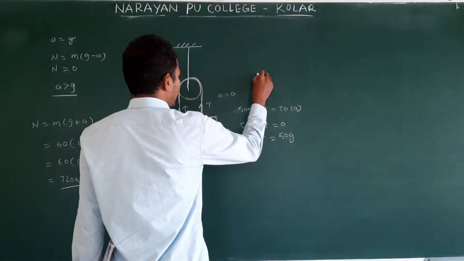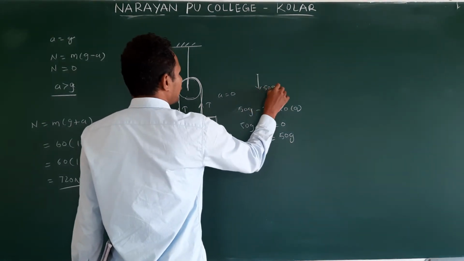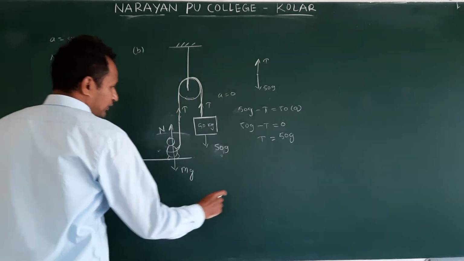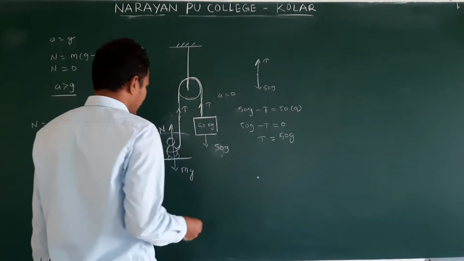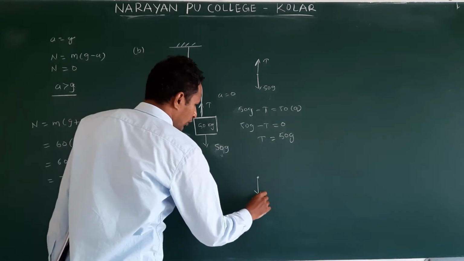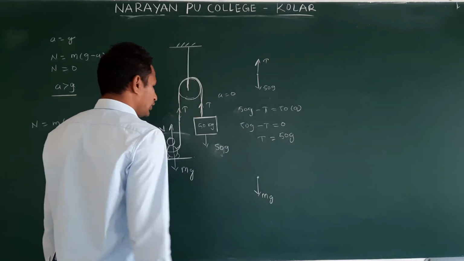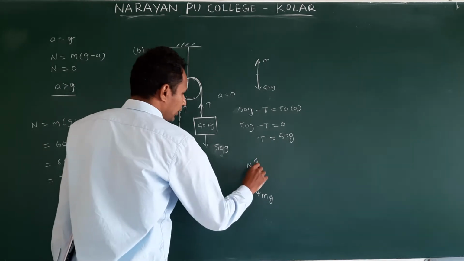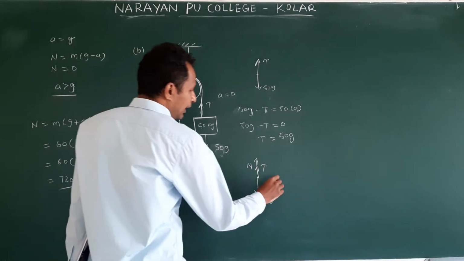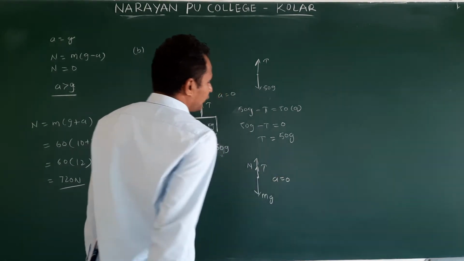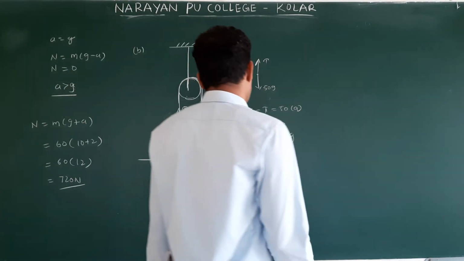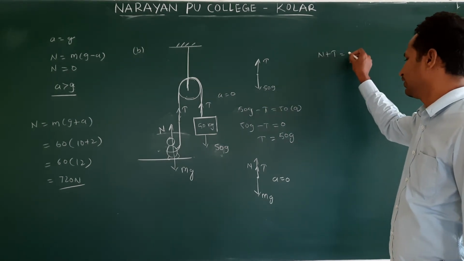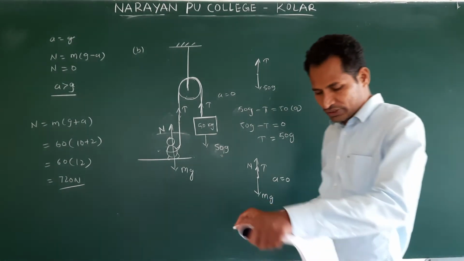First case. Okay, second case. This is the first case, free body diagram is 50g and the tension is upwards. Now on the person, free body diagram is mg acting downwards, normal reaction acting upwards, and tension also acting upwards. Acceleration 0. When acceleration is 0, then you can equate upward forces to downward forces. N plus T is equal to, what is the mass of the person? 60 kg.